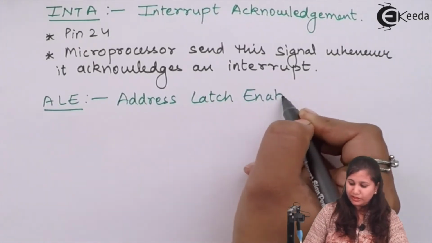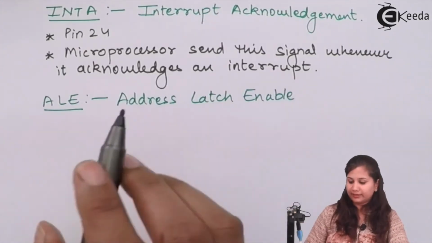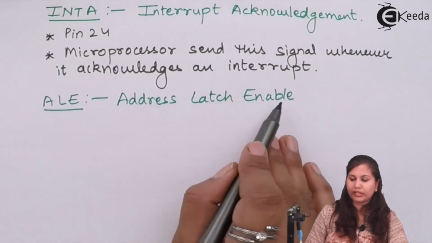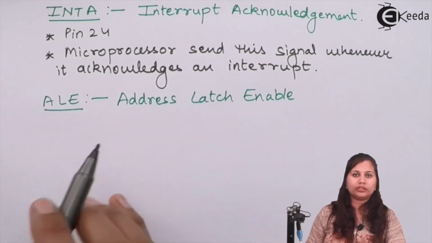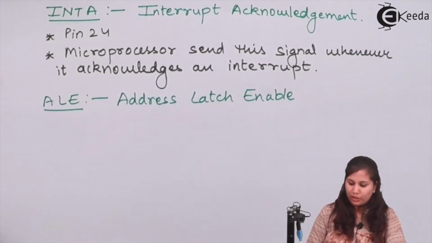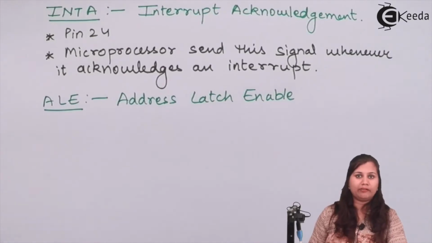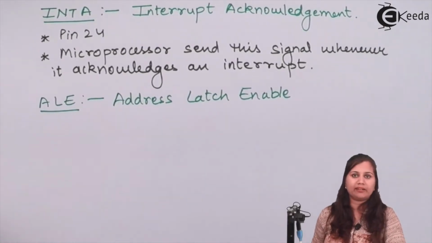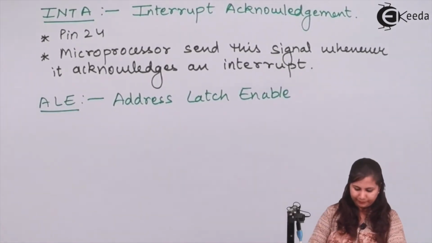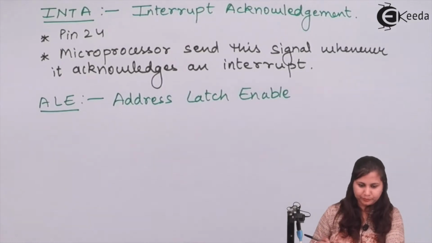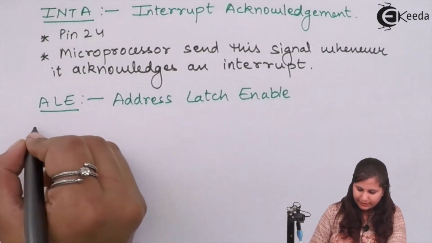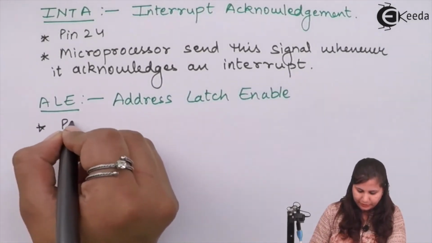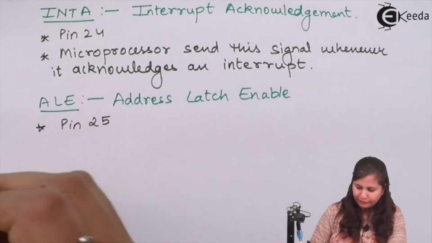By the name of this signal, you can get an idea that this signal is used to enable the latch on the address bus. Okay, so the address will be available for a longer period of time, and also it is used to demultiplex the address and the data buses. This ALE signal is available at pin number 25.